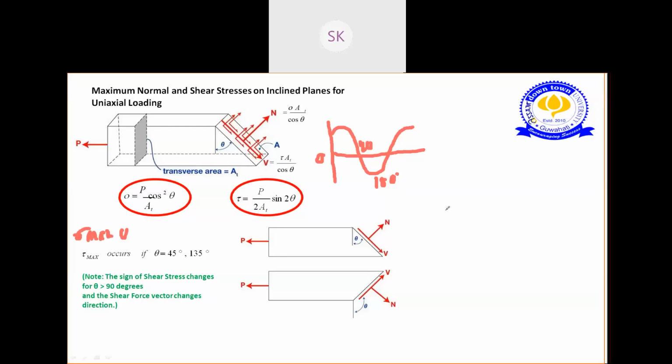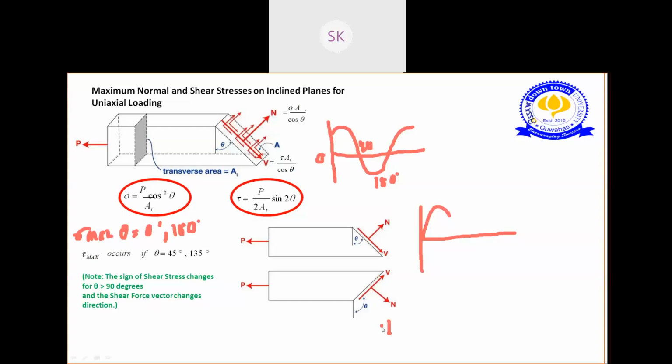Next, come to the sine function. When is sine theta maximum? Remember the 90. Yes, good. Suppose this is your sine function. It is maximum at 90 degree, and this will be your 270 degree.